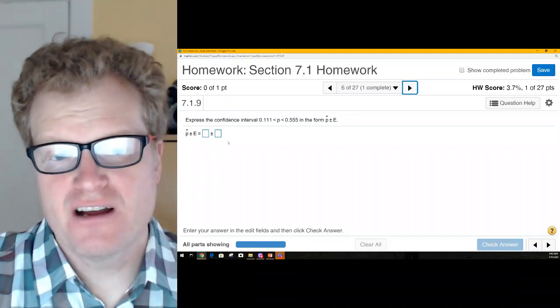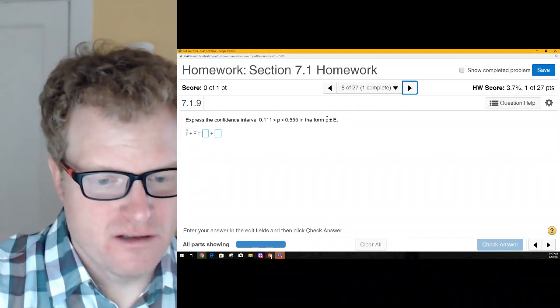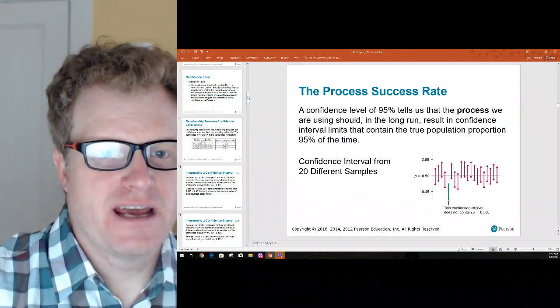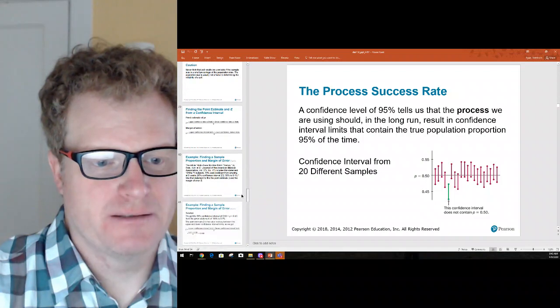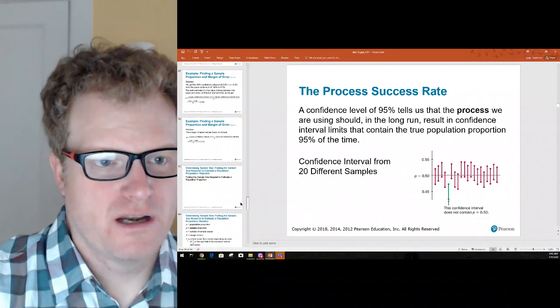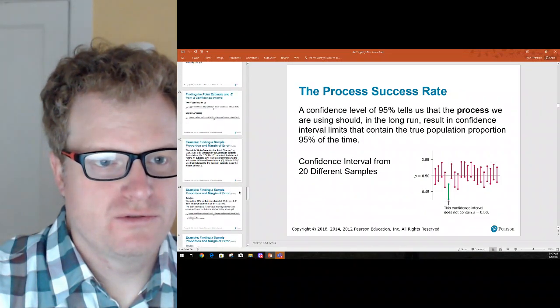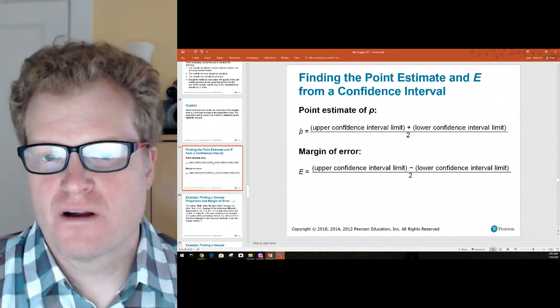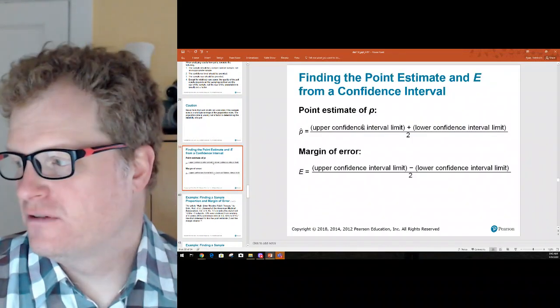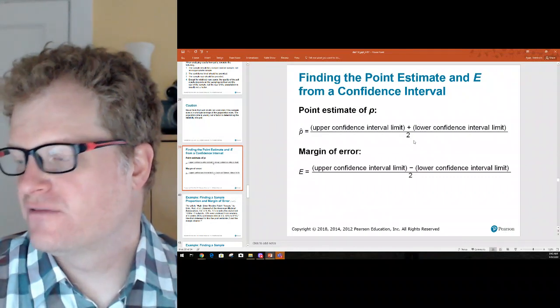To figure out these values, we're going to understand that the point estimate is going to be exactly halfway in between. We're going to find p hat: we take the upper confidence limit plus the lower confidence limit divided by 2.